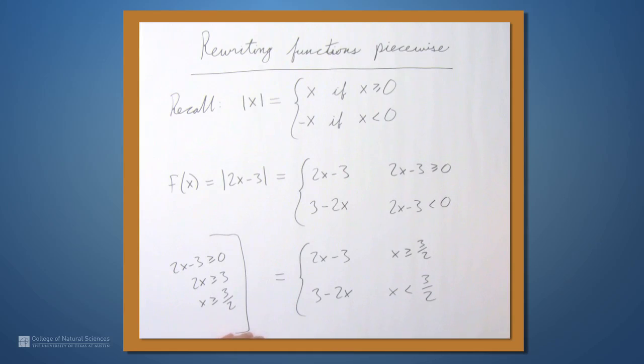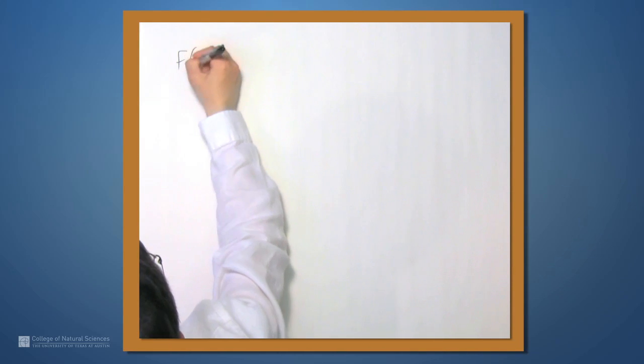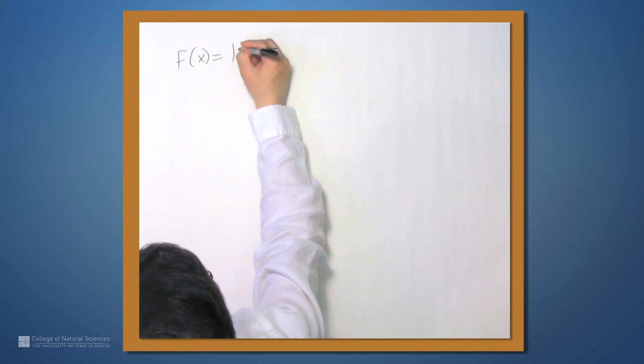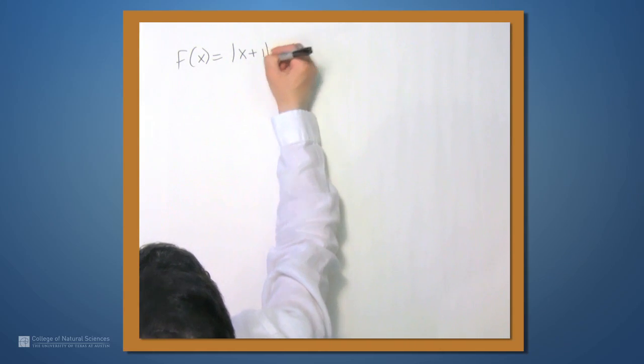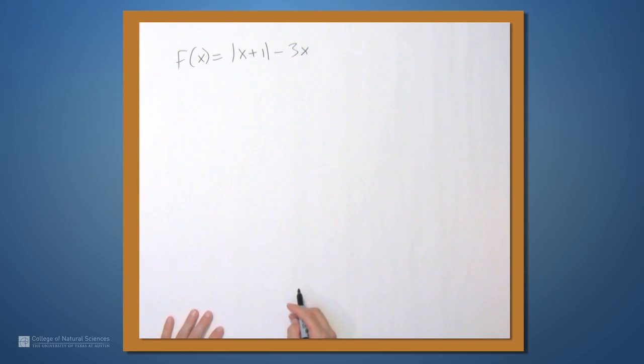Let's do another example. So let's look now at the function f of x equals absolute value of x plus 1 minus 3x. It's a little bit more complicated.